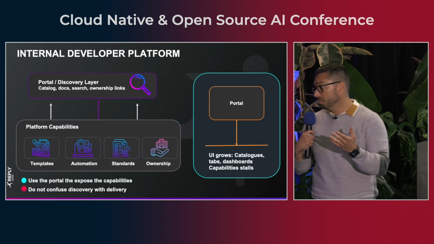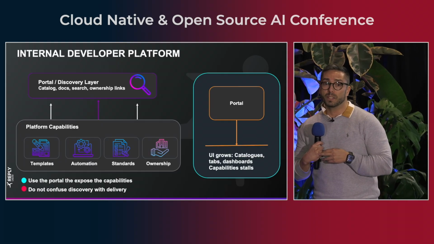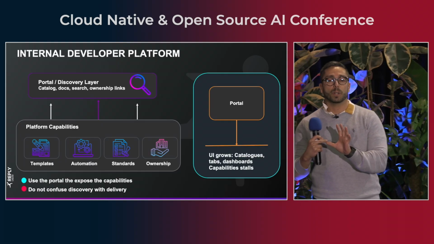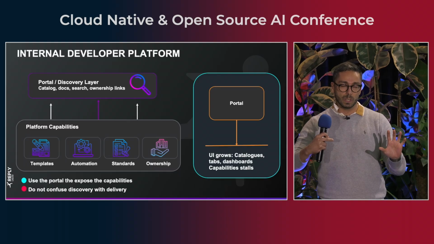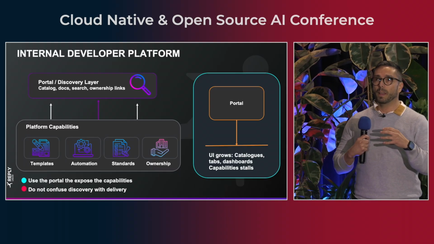Some people are honestly mistaking discovery with delivery. The more you discover what you have built internally into portals, of course, you're going to make it more present. But the question is, are you treating your portal as a glorified bookmark manager? Okay, here is tab 2, 3, 4.